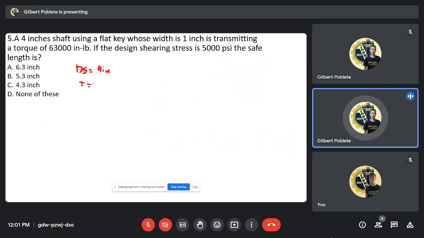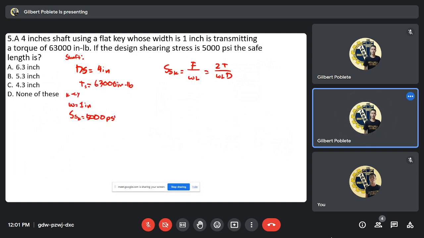So, para makuha natin yung force, in-insert lang natin yung formula niya dito. So, we have the given stress ng key na 5,000 equals 2 times the torque niya, 63,000, over the width natin na 1, times the length, times the 4 yung shaft diameter.